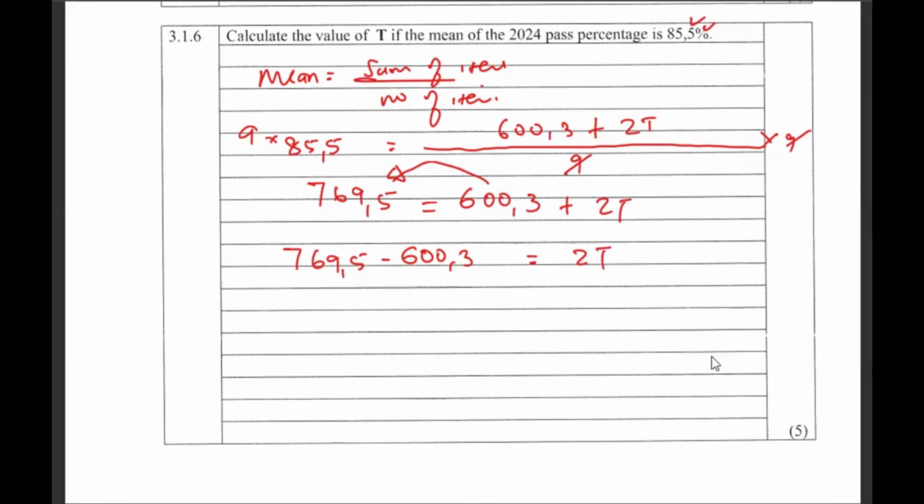When I subtract 769.5 minus 600.3, it gives me 169.2 is equal to 2T. For me to get T alone, divide both sides by 2. Okay, so when I divide this answer of mine by 2, I'm getting 84.6%. So that becomes my overall result for that part.